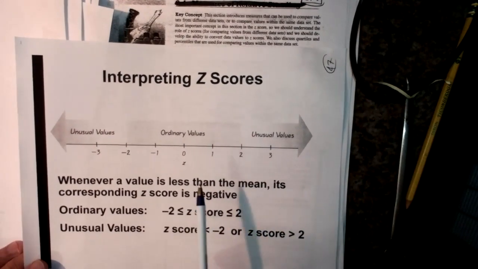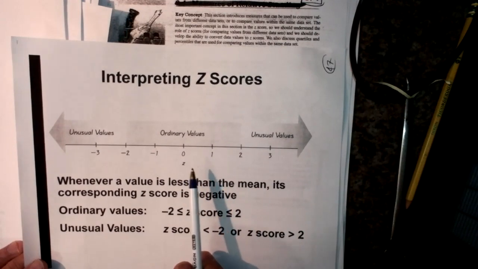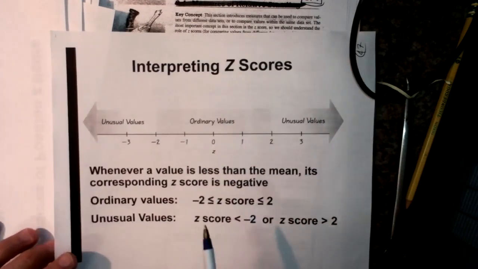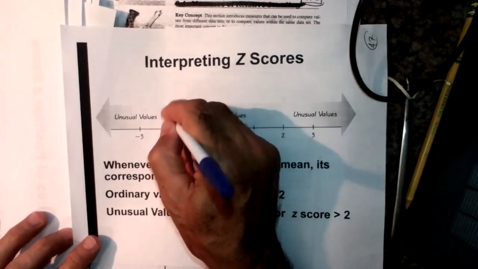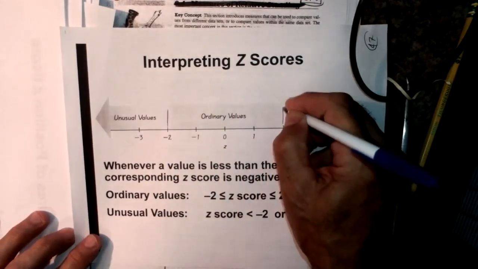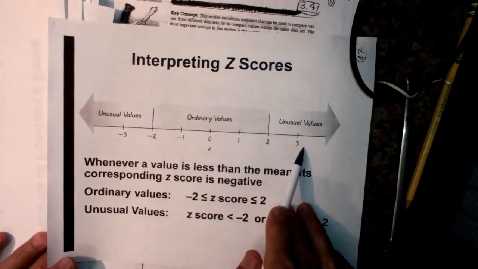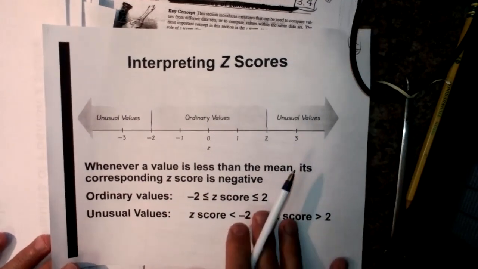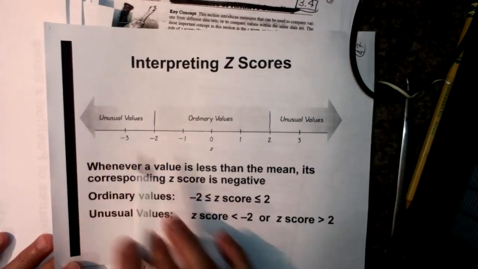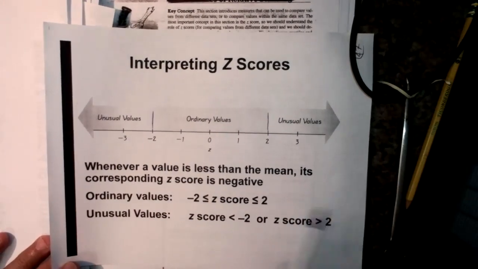Then we have to calculate the z. If the z is between -2 and +2, then it's an ordinary value. If the number is beyond 2 or below -2, then it is an unusual value. Okay, so that's a z-score.